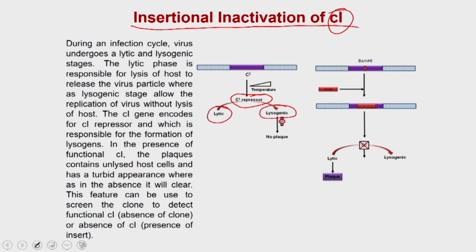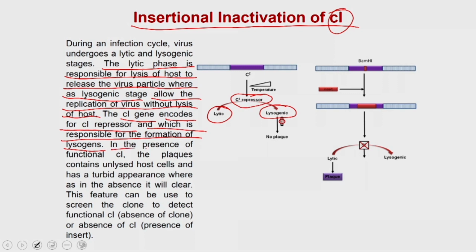Within the lytic cycle, there is lysis of the host to release the virus particles, whereas the lysogenic stage allows the replication of the viruses without lysis of the host. The CI gene encodes a CI repressor, which is responsible for the formation of lysogens.